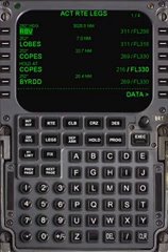VNAV. Sophisticated aircraft, generally airliners such as the Airbus A320 or Boeing 737 and other turbofan-powered aircraft, have full-performance vertical navigation (VNAV). The purpose of VNAV is to predict and optimize the vertical path.